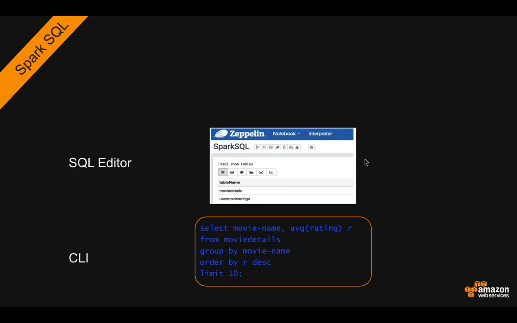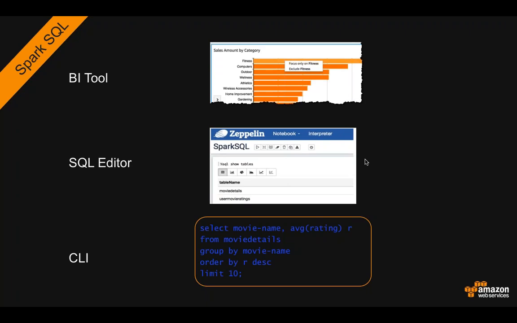Zeppelin is a very popular one that's often used with Spark. Or, through a JDBC driver, you can attach pretty much any BI tool that's out there. That's also a popular way, another layer of abstraction where you're not even writing SQL, you're just driving the user interface through the BI tool.